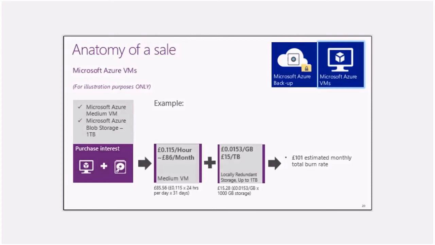So although in this case you have a combined price of the virtual machine compute power and the storage, at an estimated monthly burn rate of £101, that's basically the worst case scenario, should you use it 24/7 and consume all 1 terabyte of storage. The reality is that you're not going to put in a complete 1 terabyte of storage.